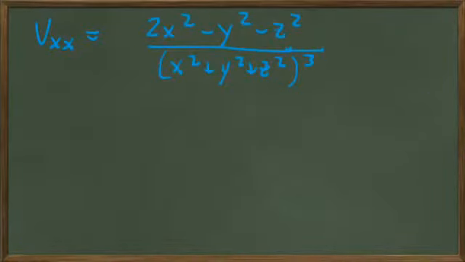Notice that when we got v sub xx, the variables that were not x had a minus sign in front of them to the second power in the numerator, and the variable that was the one we're taking the second partial with respect to had a coefficient of 2 and a positive sign. So it should make sense that if we follow the same process, we would get these two expressions for v sub y and v sub z.